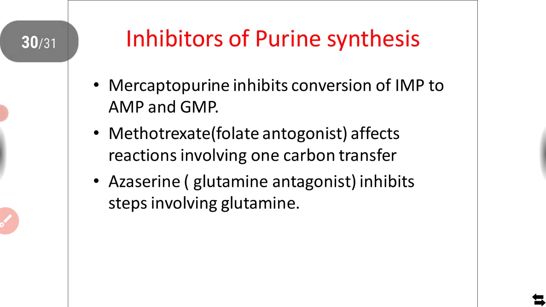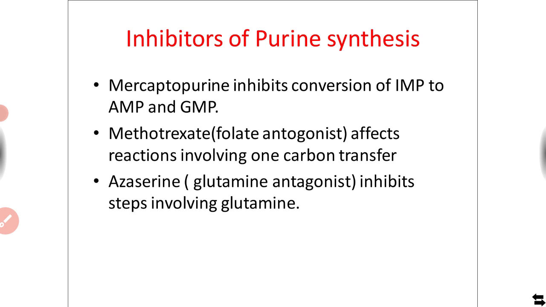Inhibitors of purine synthesis. These are the substances that will inhibit purine synthesis. For example, mercaptopurine, methotrexate and azathioprine. Mercaptopurine will inhibit the conversion of IMP to AMP and GMP, whereas methotrexate will inhibit the reactions that involve one carbon groups, such as N10 formyl tetrahydrofolic acid and N5,N10 methenyl tetrahydrofolic acid.